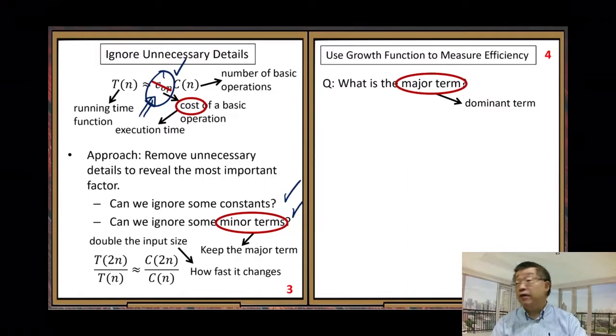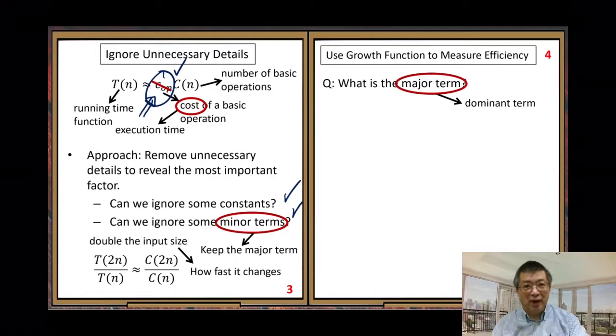Now, think about if the percentage is less than 1%, can we ignore those terms? Less than 1%, we feel very comfortable that we can ignore those minor terms.